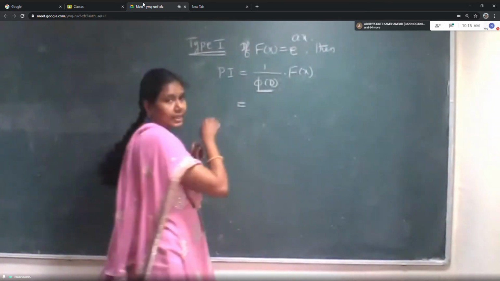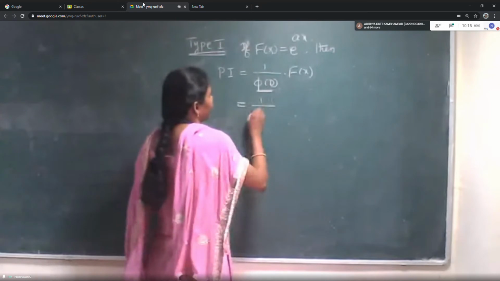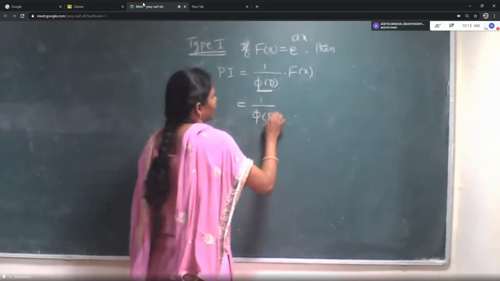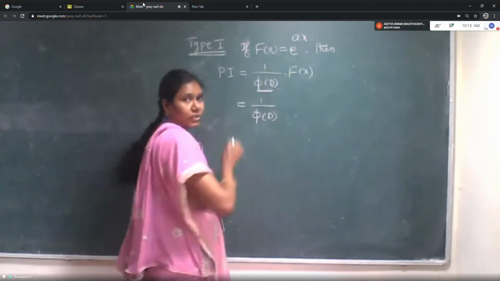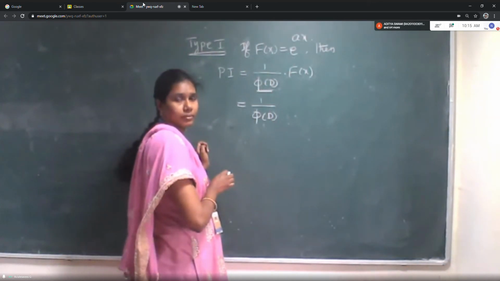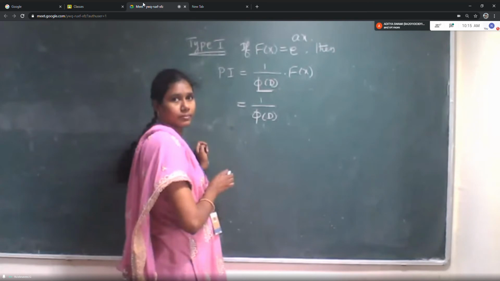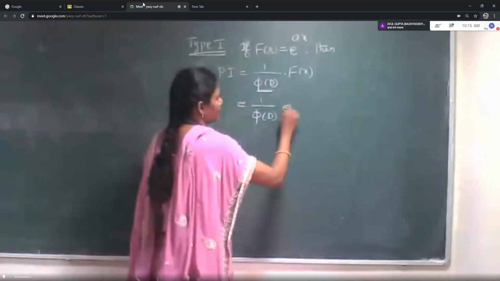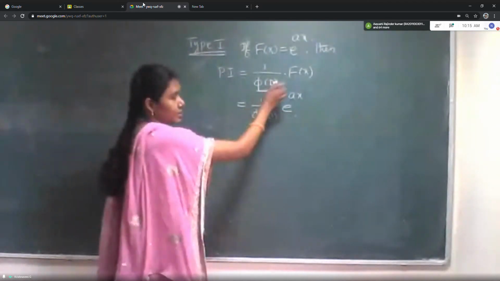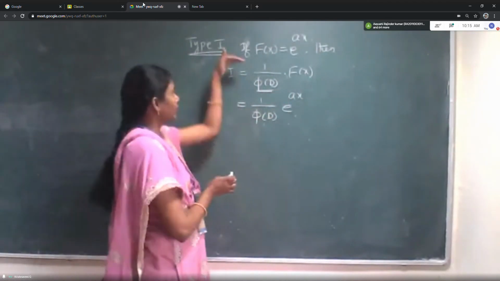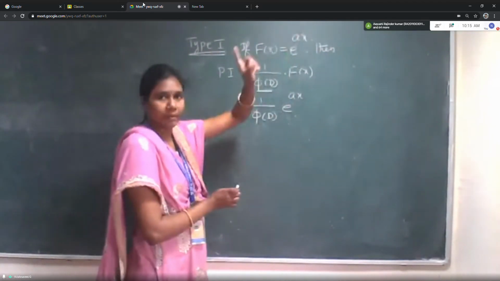In the second step, in the first type, what is our given right hand side function? It is e power ax in type 1. Okay, this is the general thing. In type 1, the given right hand side function is e to the power ax.